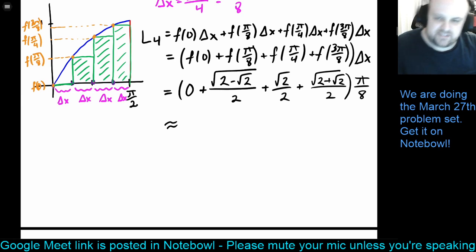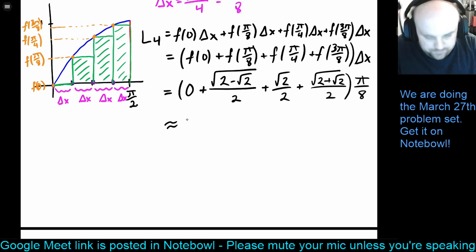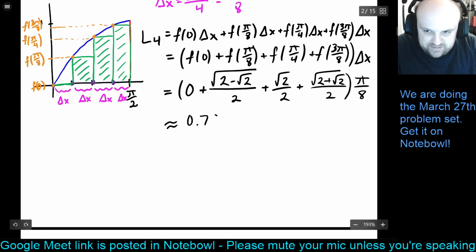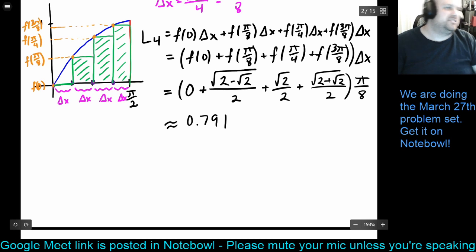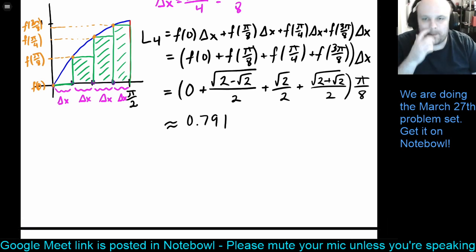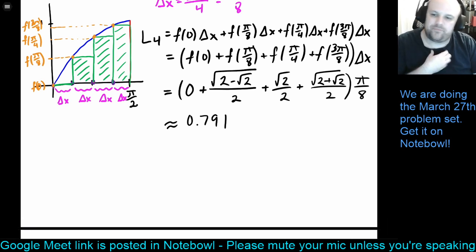Right. So this is going to be approximately 0.79. Let's do 3 decimals. Approximately 0.791 here. Right. Okay. Any questions about that one?